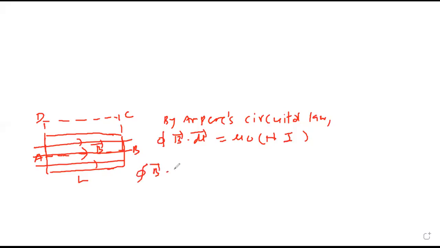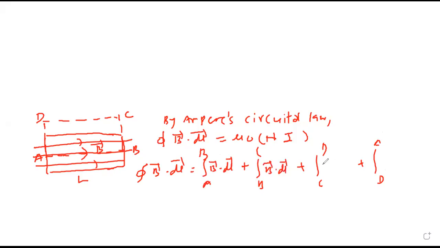integral of B bar dot dl bar is integration from A to B plus B to C plus C to D plus D to A. So this completes one loop.